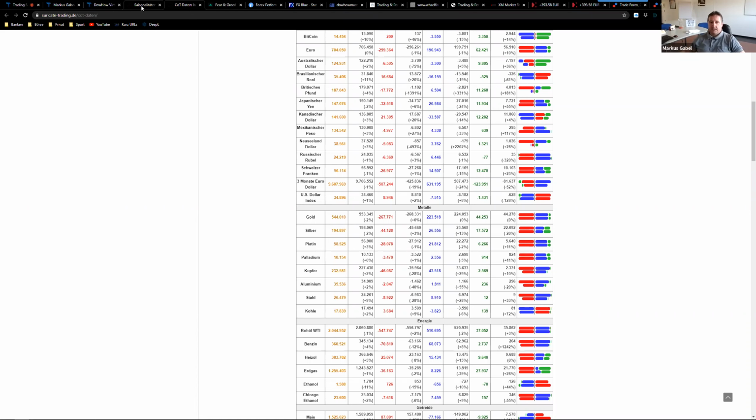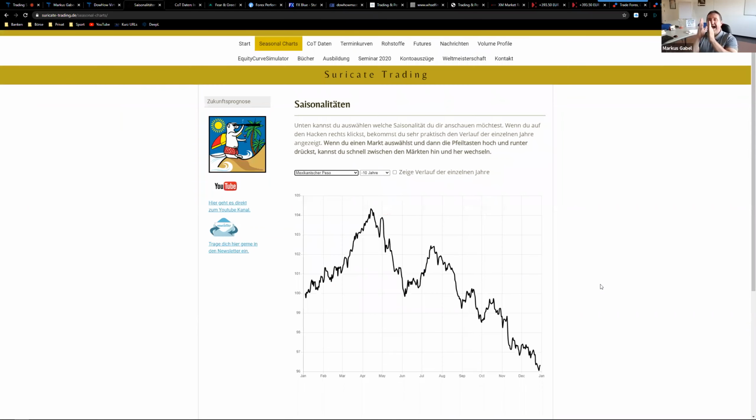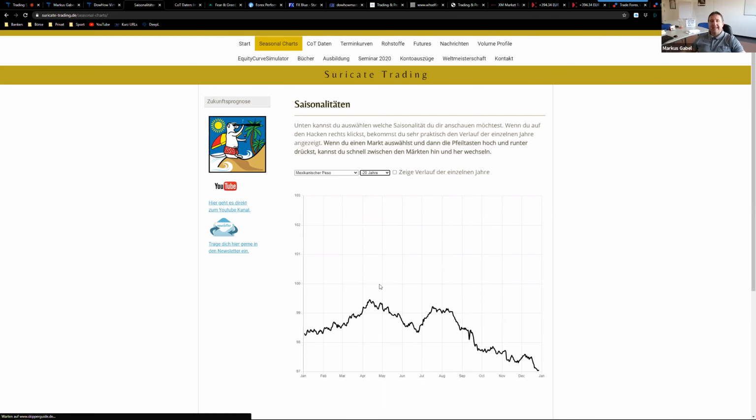Seasonals are the average of what happened in a particular price, underlying or asset over the last 10, 25 years or so. Let's make an example with the Mexican peso in April, let's take maybe the last 20 years.